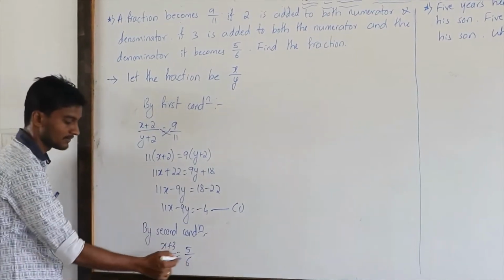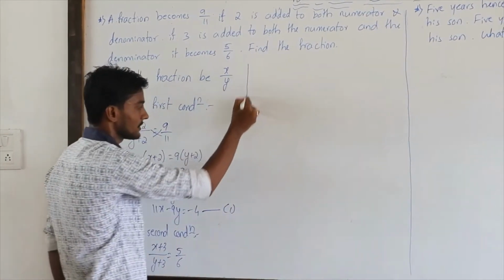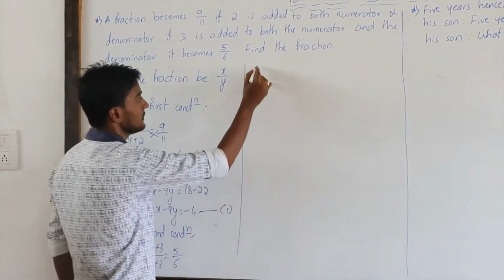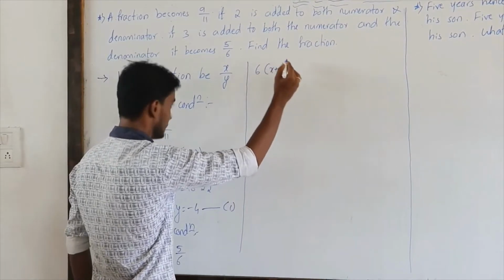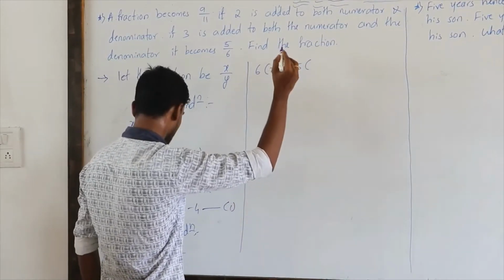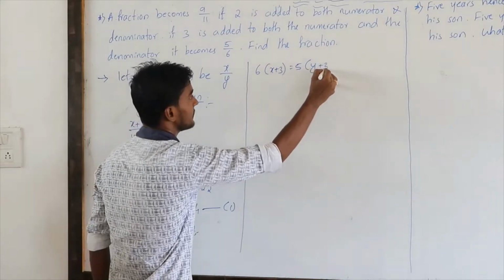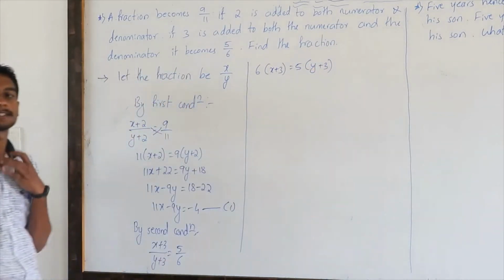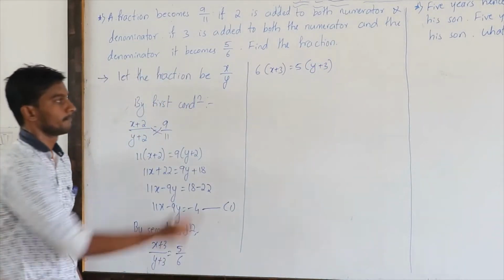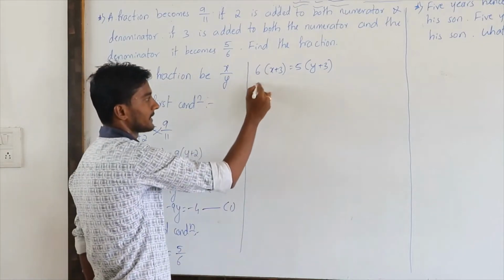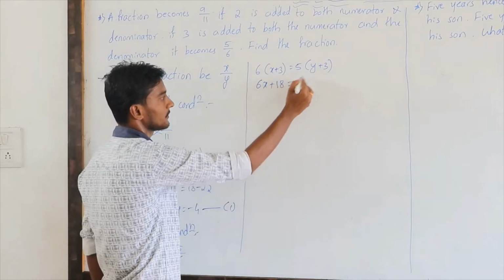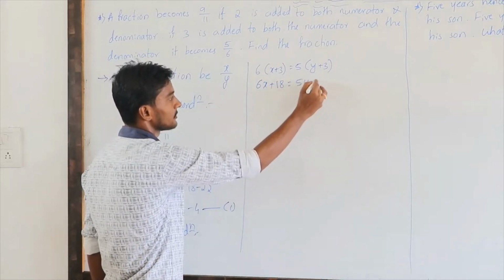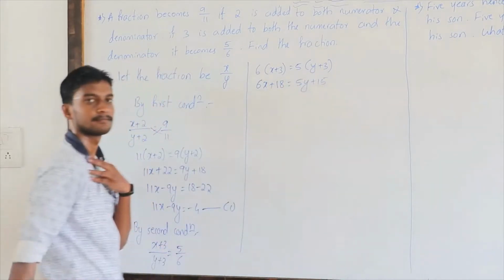So make again cross multiplication. If you cross multiply, 6 into bracket x plus 3 is equal to 5 into bracket y plus 3. Remove the bracket: 6 into x, 6x plus 6 into 3, 18, is equal to 5 into y, 5y plus 5 into 3, 15.